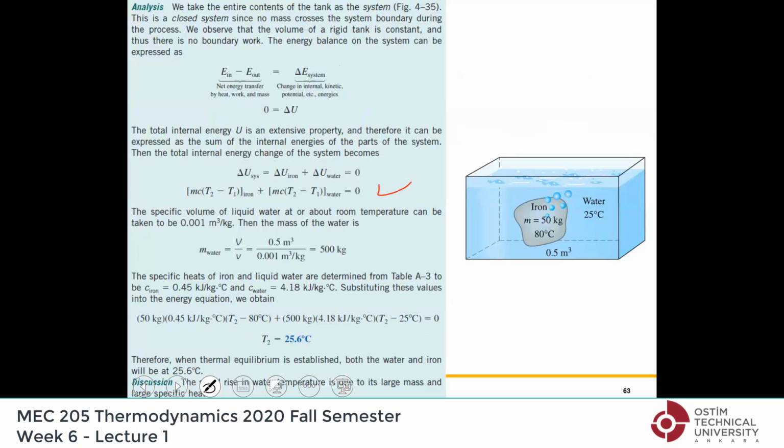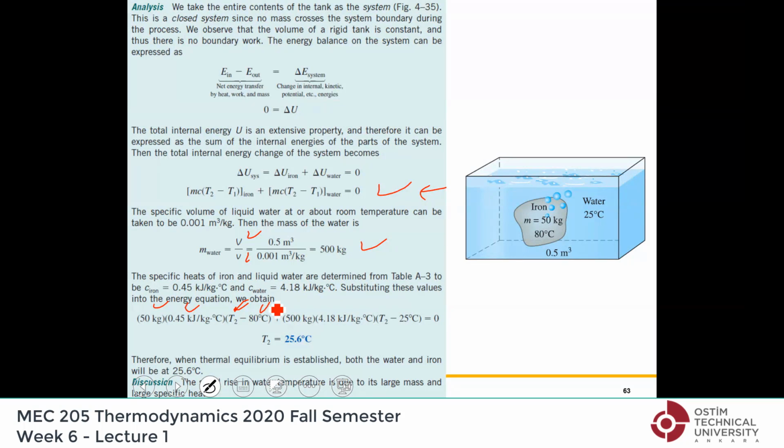Now, what is the mass of water? Mass is total volume divided by specific volume. And for water, it is 0.001. We can always use it. So this is the mass of water. And then in this equation here, plug in the values. Okay, for iron, mass is 50 kilogram, specific heat 0.45. T2 we don't know, just leave it there. T1 iron is 80.